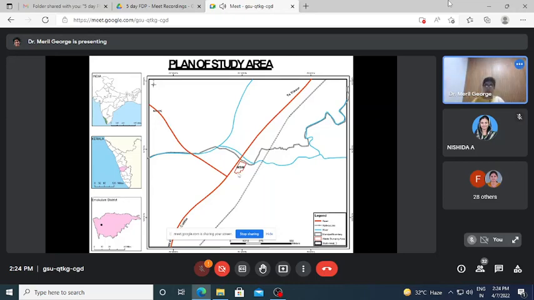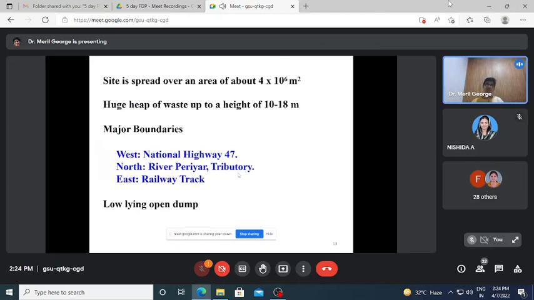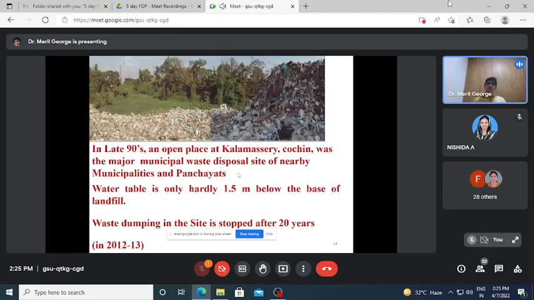The site was spread over an area of 4 kilometers square, and a huge heap of waste up to a height of 10 to 18 meter was there. As I have said, the major boundaries are National Highway 47, River Periyar, and the railway track. This was the photograph of my study area at that time.